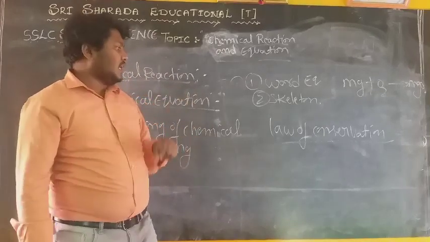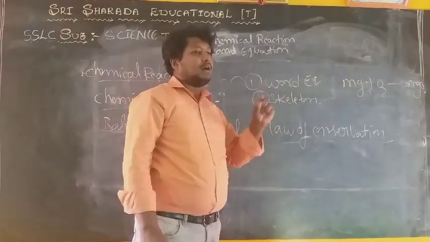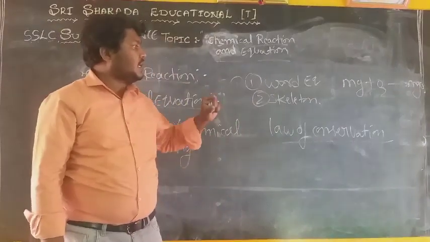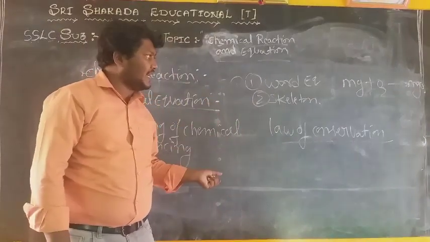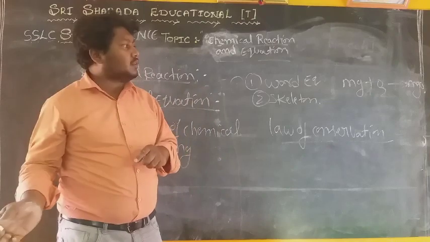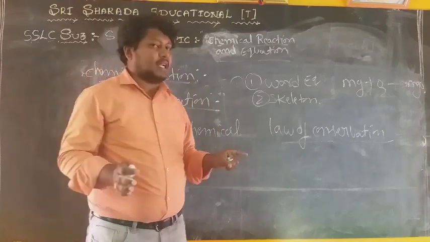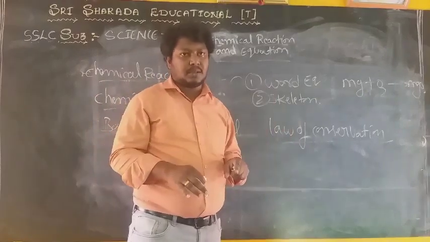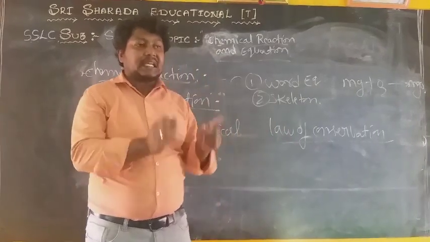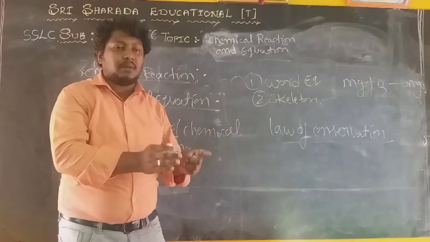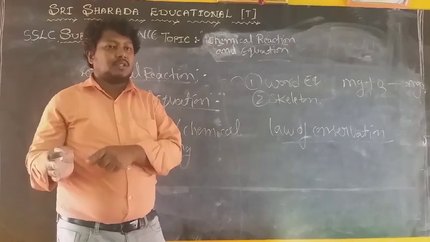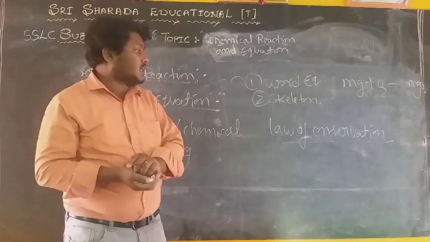Like that, here also the atoms present on the left hand side, in the reactants, and the atoms present on the right hand side will not be destroyed and will not be reproduced, but can change from one form to another form. So that is the law of conservation.